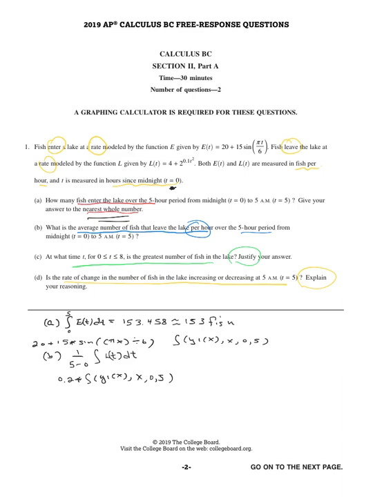Okay, what is the average number of fish that leave the lake per hour? So, since they don't tell me what to round to, what place do you round to? Hopefully you guys told me that you round to the thousands place, because you have to round to 3 places unless otherwise stated.